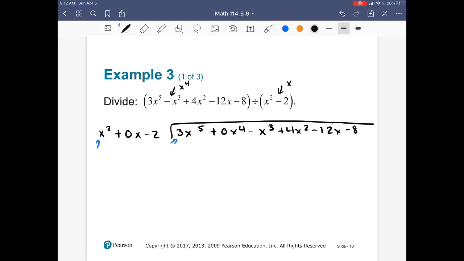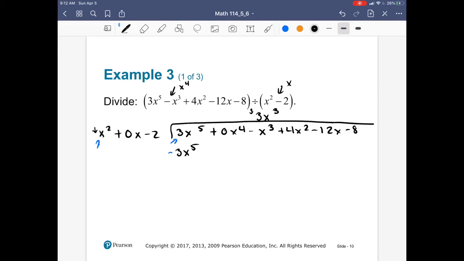So I have 3x cubed. So 3x cubed times x squared is 3x to the 5th. Now, the sign right there, it's a positive. The sign right here is a positive. So a positive times a positive makes this a positive. But we changed the sign because of the subtraction. So this is a minus.